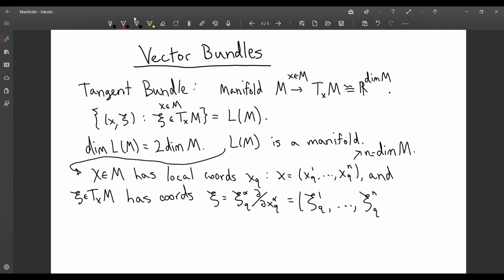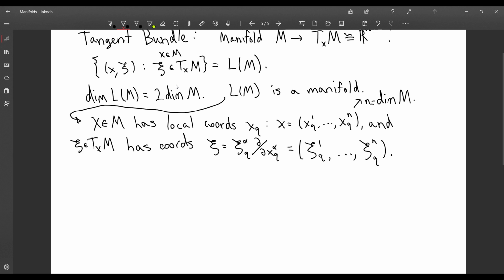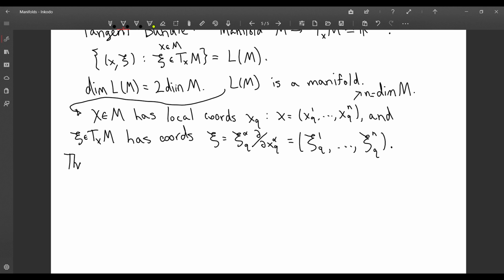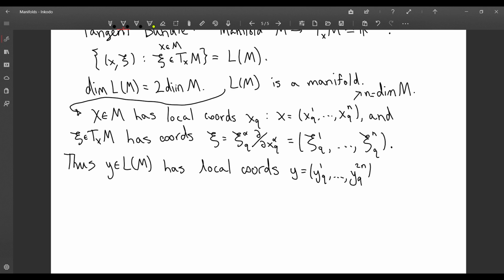And thus y in L of M has local coordinates y, which we can just write like this. We have 2n of these coordinates.